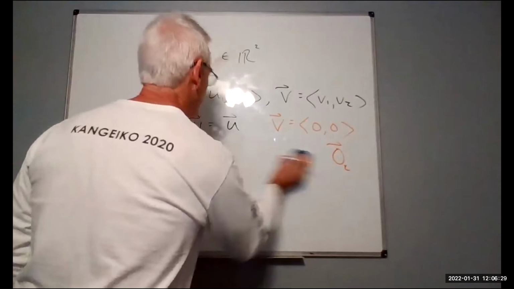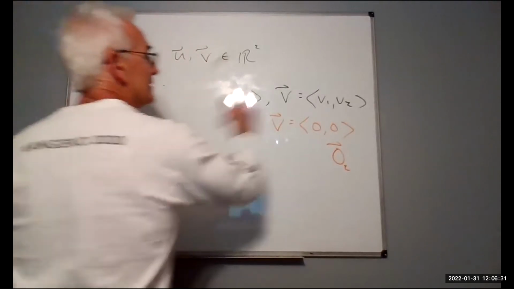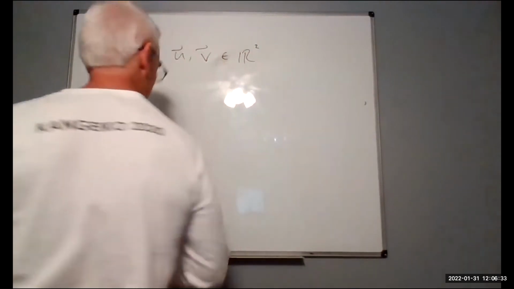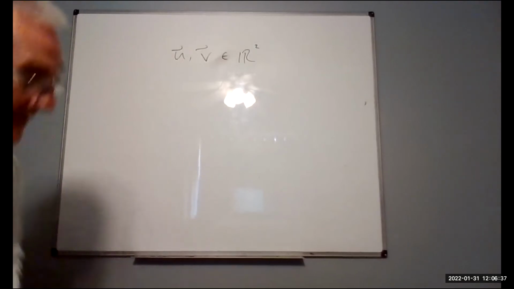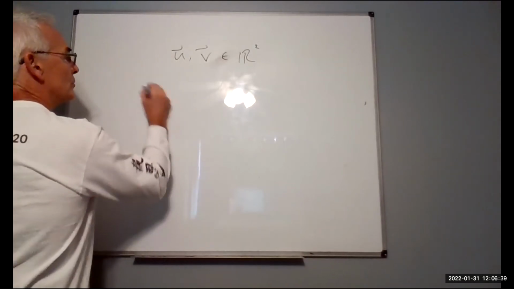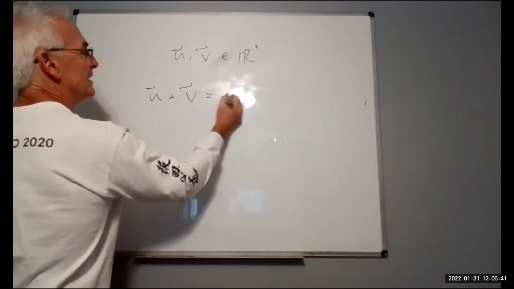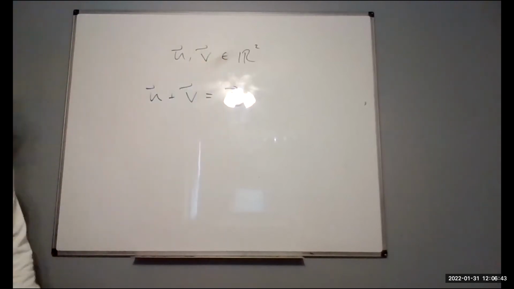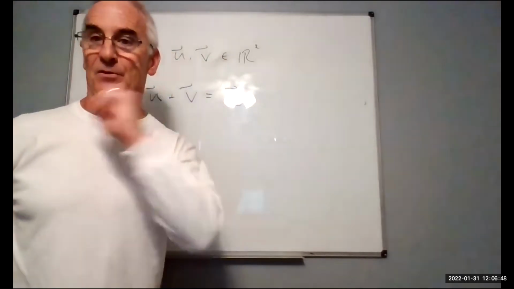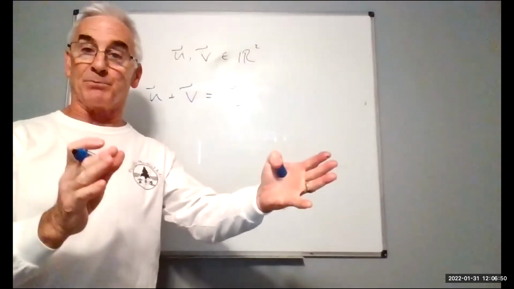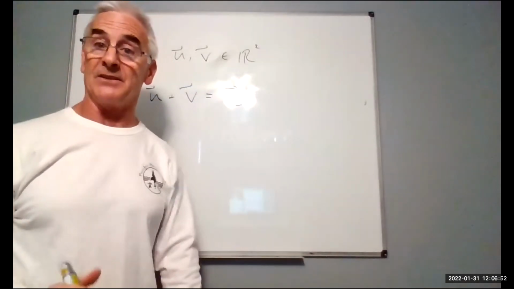Now, with that said, new problem. I have a u and a v in R2, and I want u plus v to equal the zero vector. I would like to know, does a vector have an additive inverse? Does it have another vector that when added produces the additive identity?